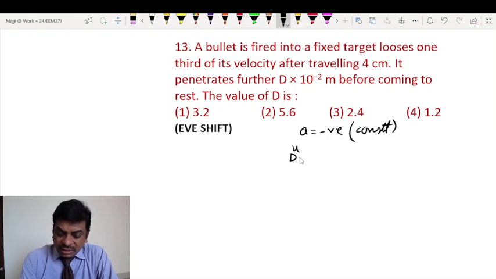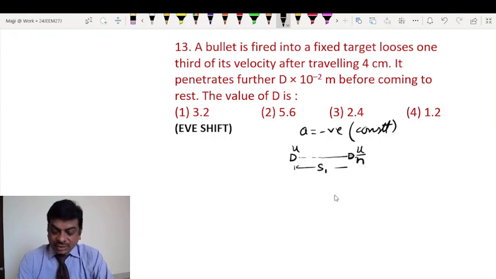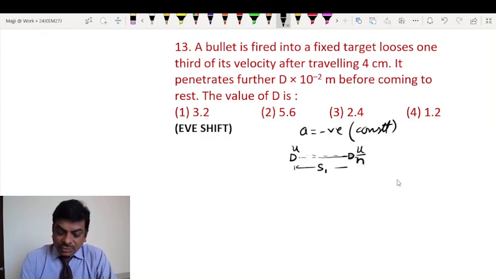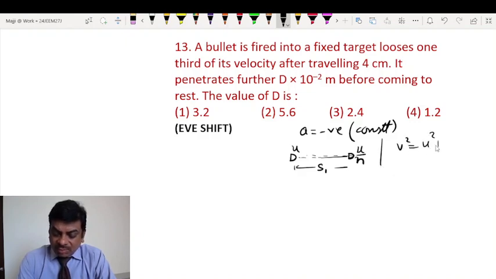So let us say that the bullet has an initial velocity u, and as it moves a certain distance, let us say s1, it loses a certain fraction of velocity, and let us say the velocity has become u by n, where n is greater than 1 of course. Okay, so we can have the formula v square equal to u square plus 2as.